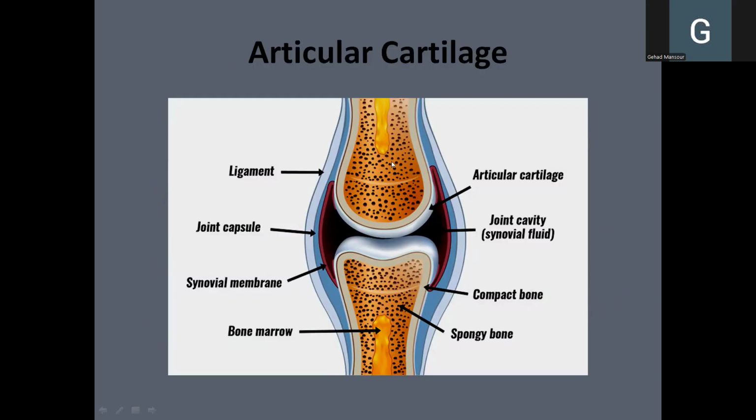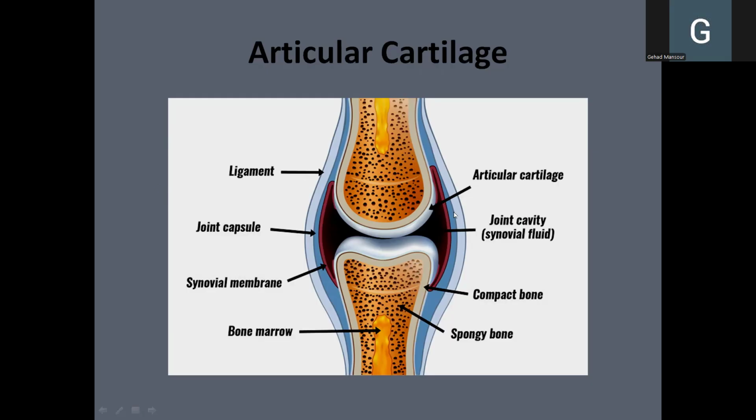Suppose it's any bone and this is another bone, and the site where the end of one bone is in direct contact with the end of another bone is called the joint. Here you can find cartilage. So this cartilage was essentially cartilaginous, and it did not become ossified. And this is called the articular cartilage.